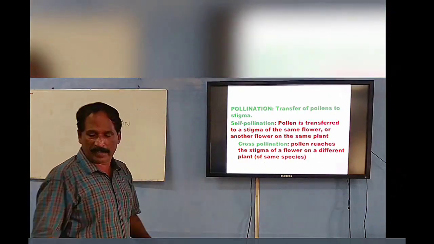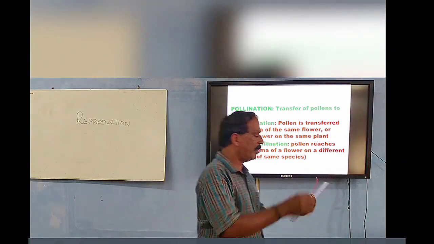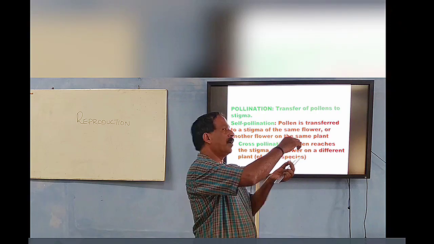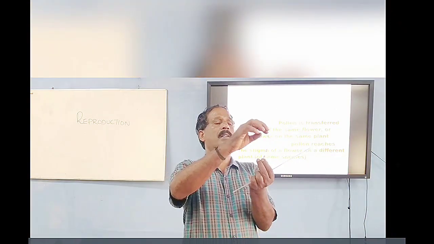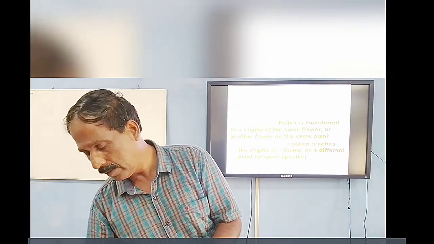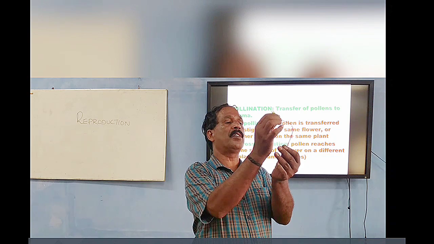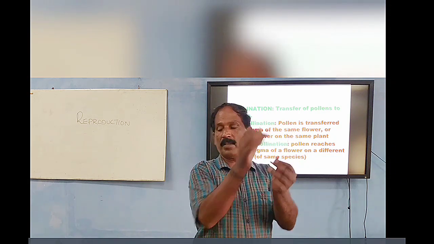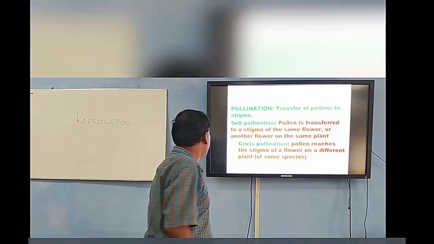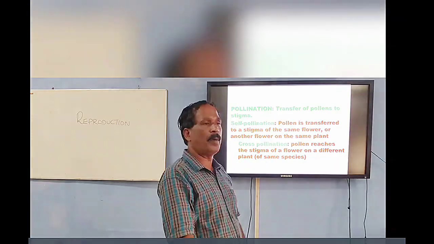Then pollination takes place. Pollination means transfer of pollen to the stigma. This is the stigma. In the stigma, these pollen will fall. The transfer of pollen to the stigma is called pollination. It has two types, self-pollination and cross-pollination.